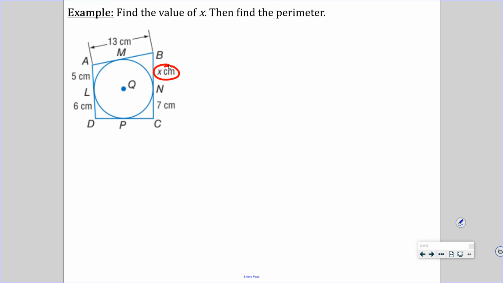Okay, any guesses? Alejandro? 8. Other guesses? I had 8.